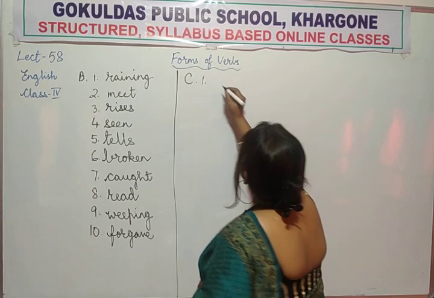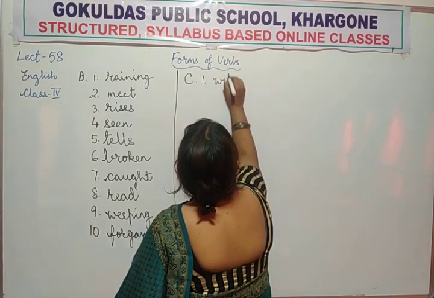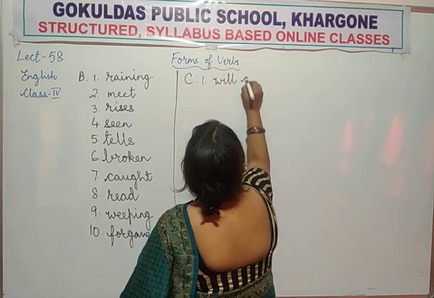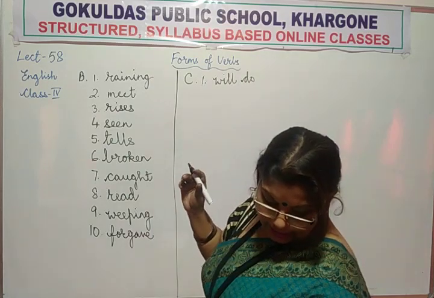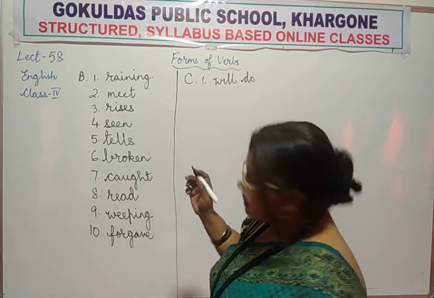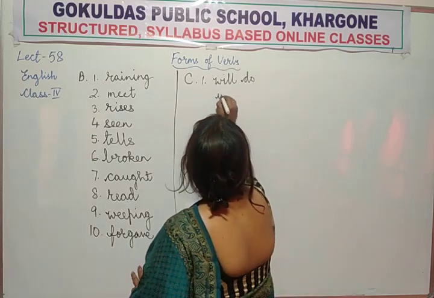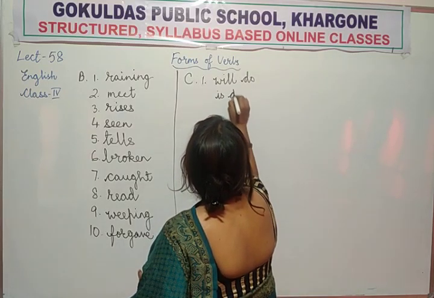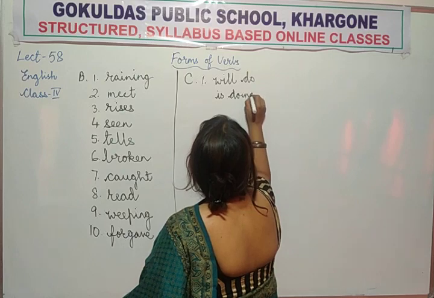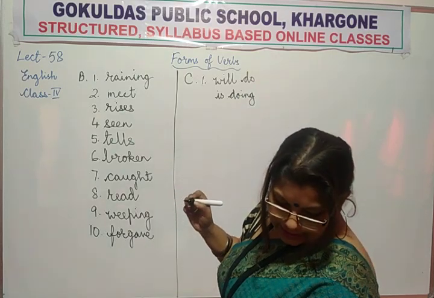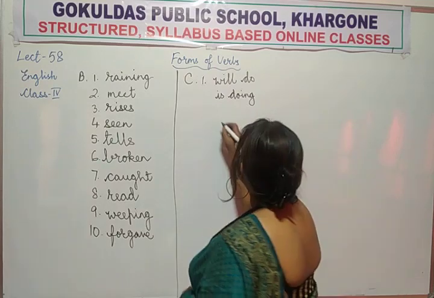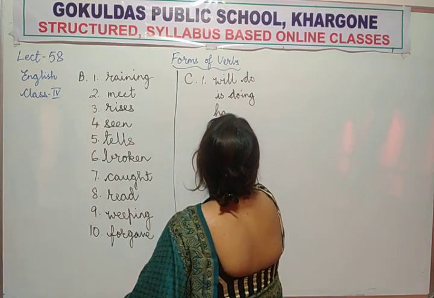Future tense. Will do. Next blank, the girl is doing her lesson. Present tense. Is doing. You have to see which tense. The girl has done her lesson, which is past tense. Has done.